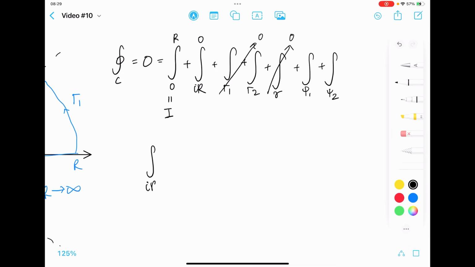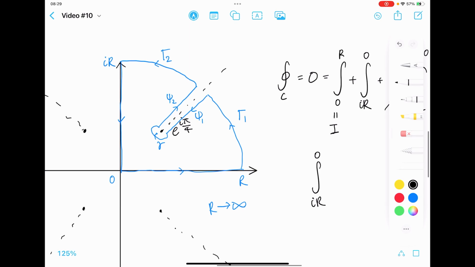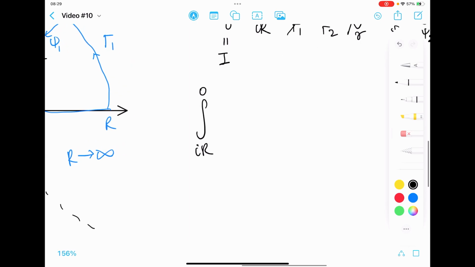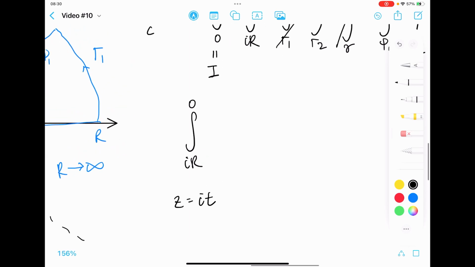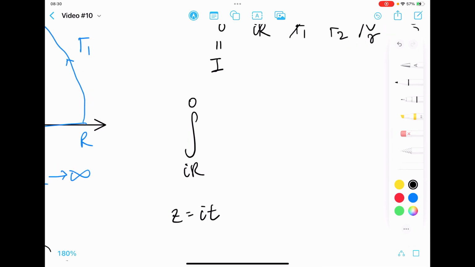Integral iR to 0. And because we're going down the positive imaginary axis, we're going to parameterize this. So let's parameterize this as z equals it. And I don't like that flipped bound, so that's going to go from 0 to r at the cost of a minus sign.